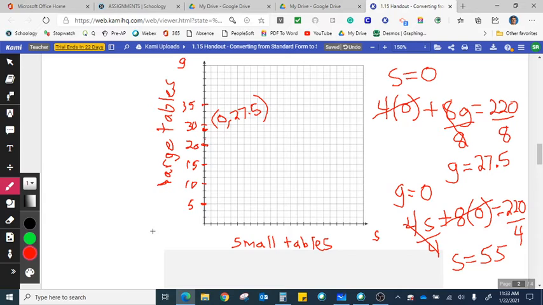Well, what do you know? We have the same graph. So if we say 5, 10, 15, 20, 25, 30, 35, 40, and hopefully that's right.